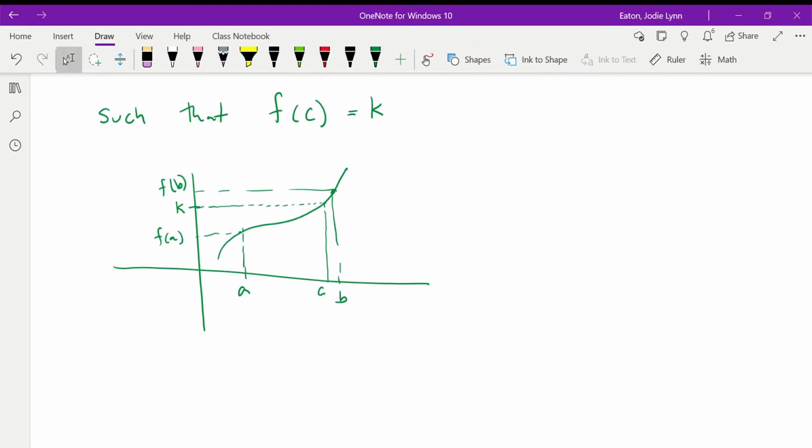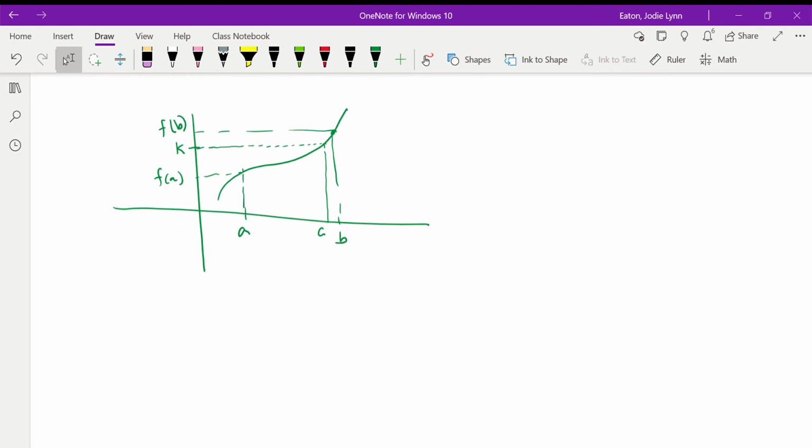So how can this be useful? This is the intermediate value theorem, which says that we hit all of our intermediate values when we have a continuous function. It can be useful for proving that you have to have a root in some area, and you can also use it to estimate roots if you want to take some time to do that.